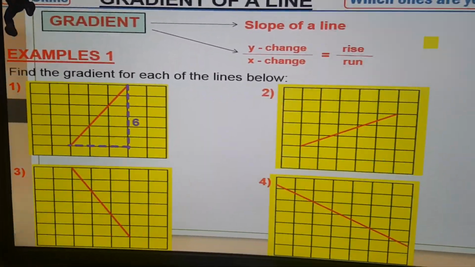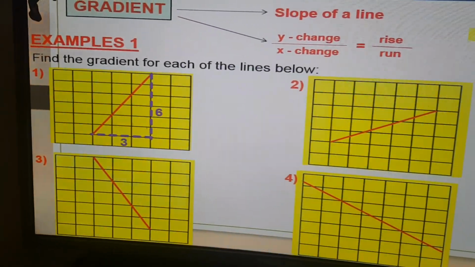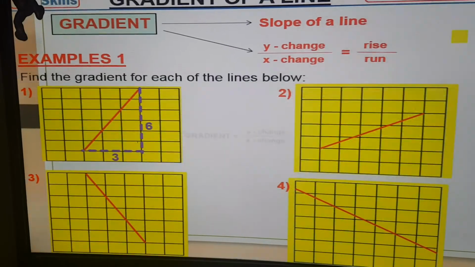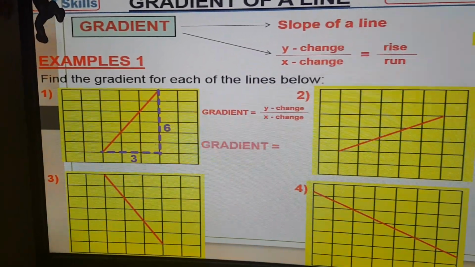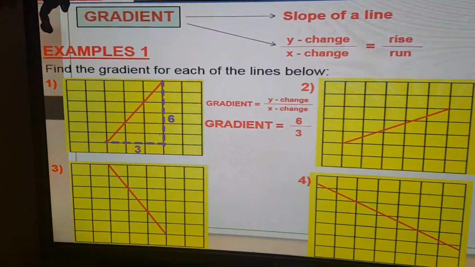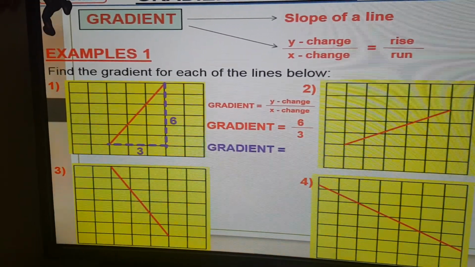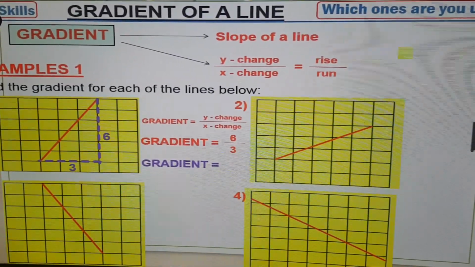So we've got 3 units horizontally. So the gradient of this line is change in y over change in x, which will be 6 over 3, and that's equal to 2. The gradient for the first question is equal to 2.